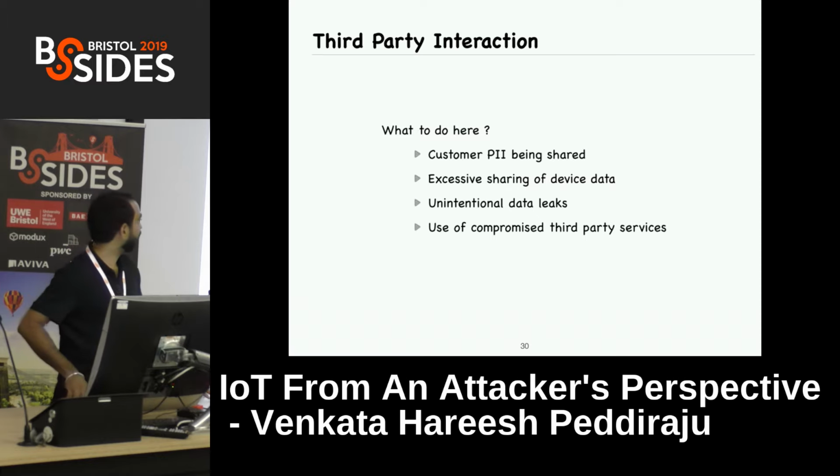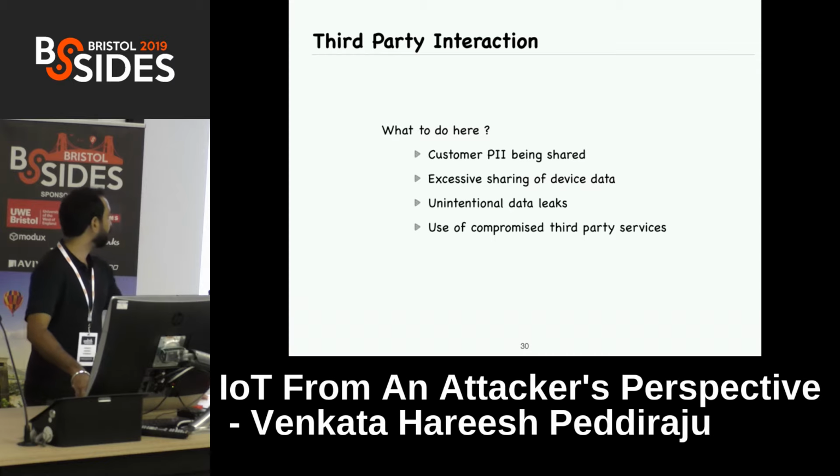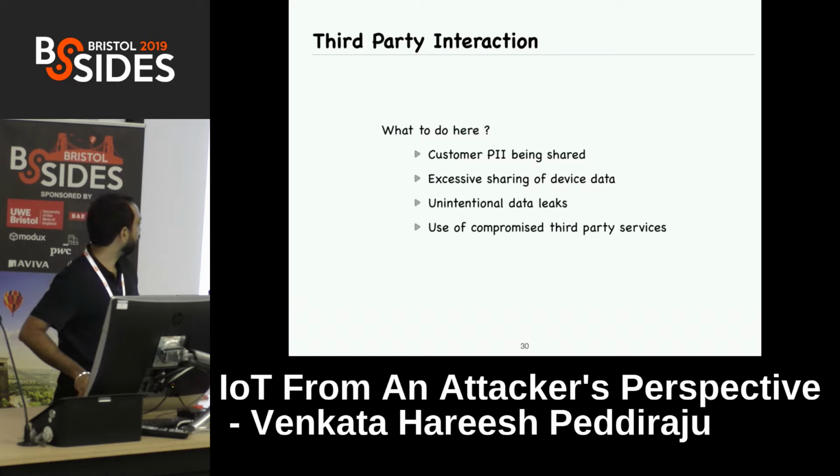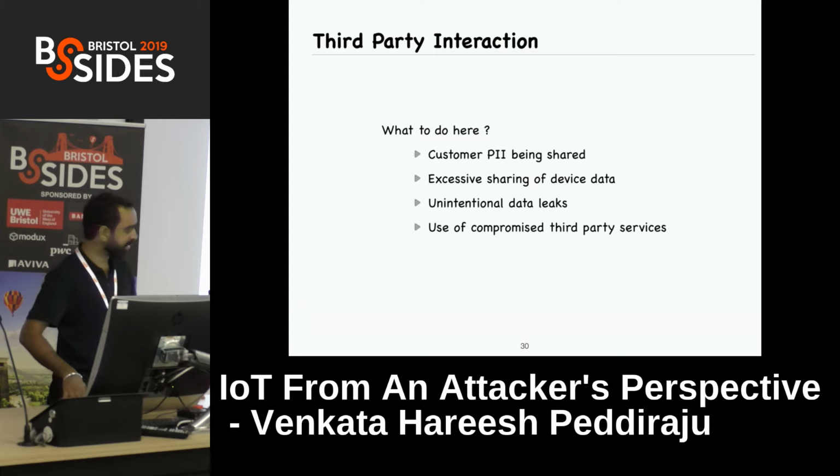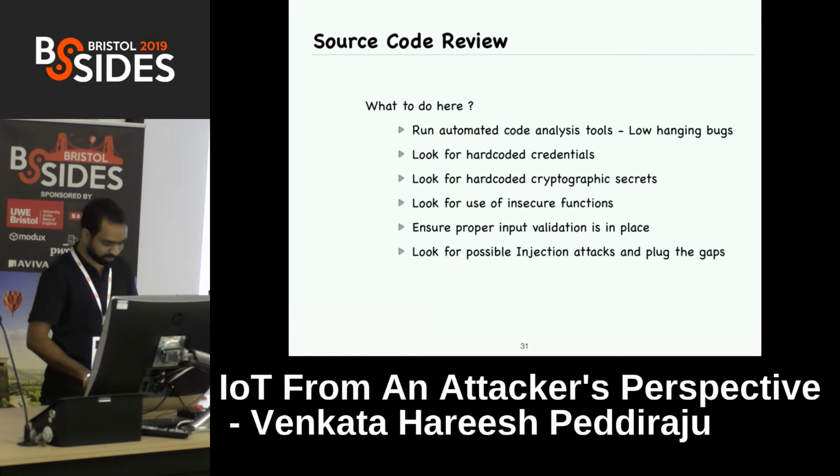In a similar fashion, when it comes to huge enterprises, you don't have to worry about it that much. Compared to that, with a relatively smaller company, the odds are that the third party or the data being shared is not particularly restricted, right? So unintentional data leaks are something that you could find very easily.